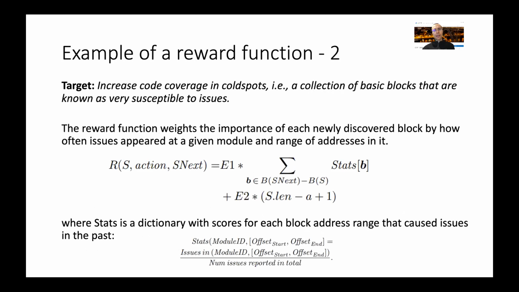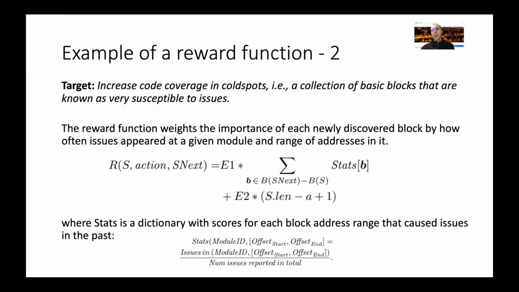Then we have another example of a reward function that could increase the code coverage in some code spots. And by code spots, we mean here a collection of basic blocks that are known as very susceptible to issues.